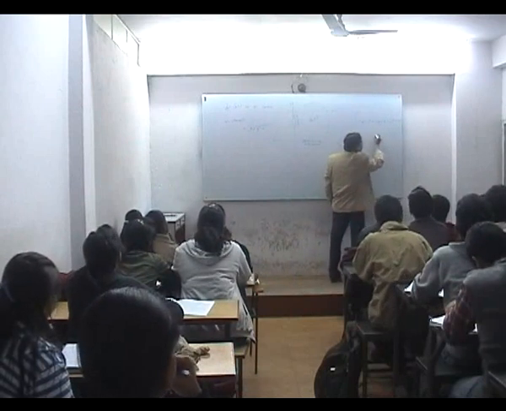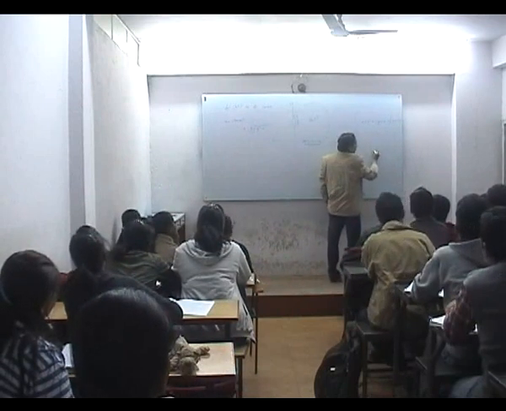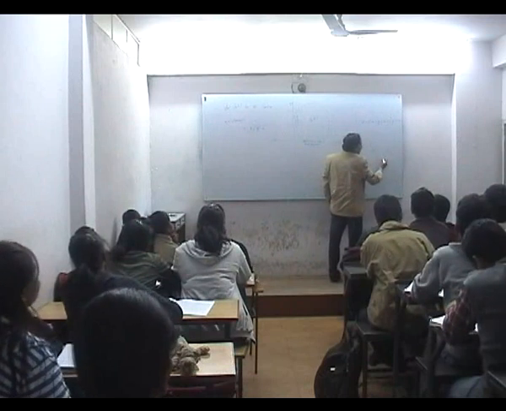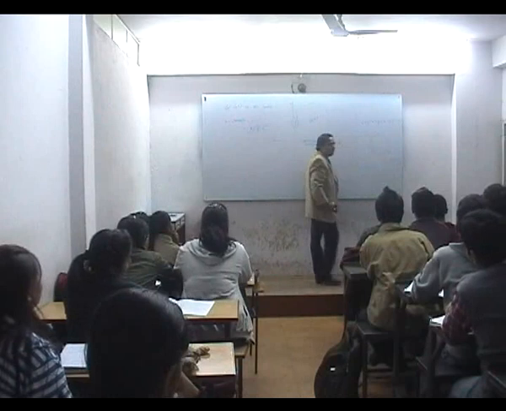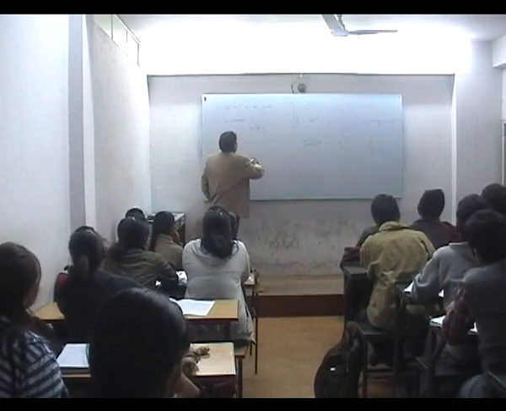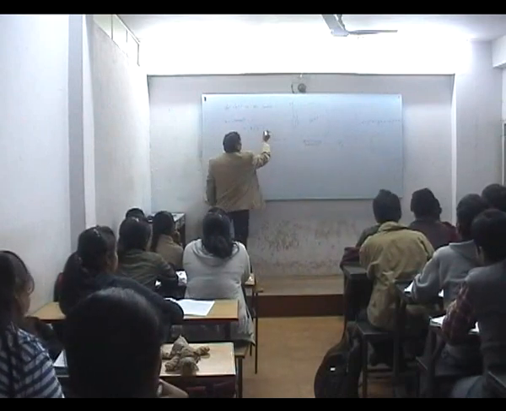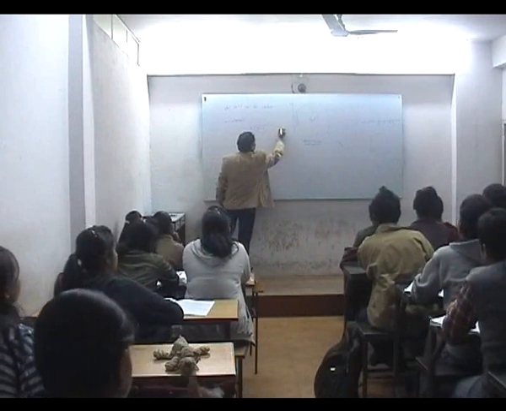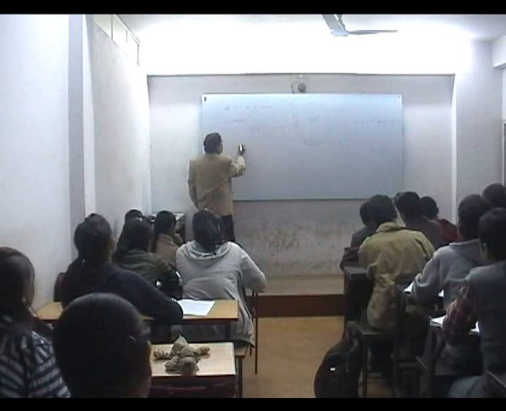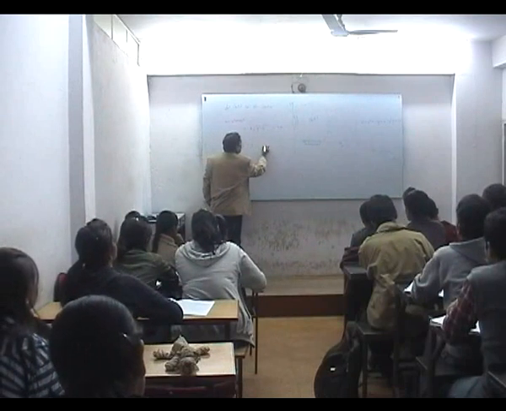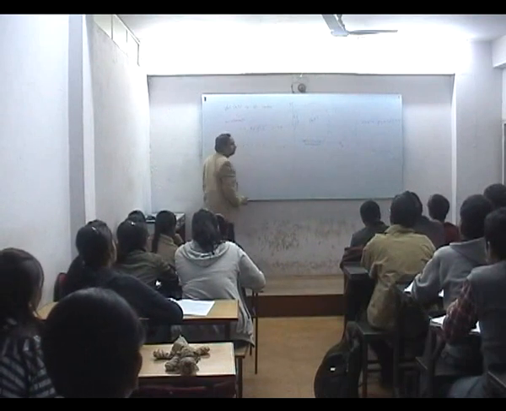Here the x-intercept, this length, that is 2 root over g square minus c, will be equal to 2a.